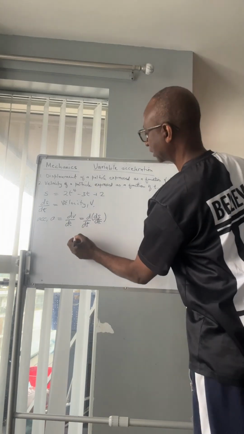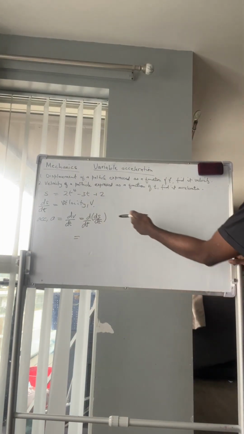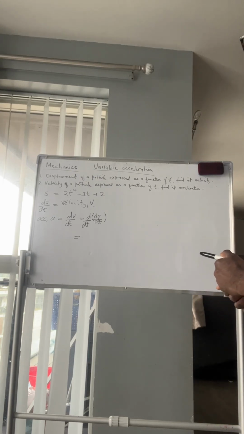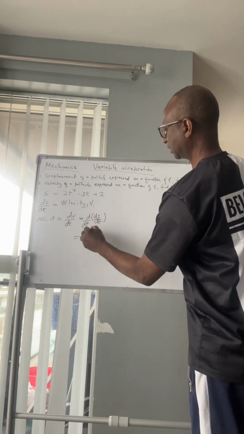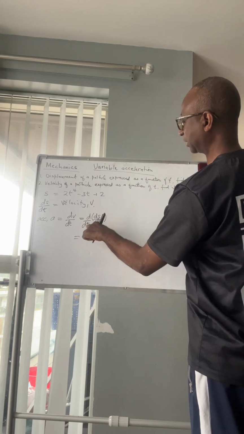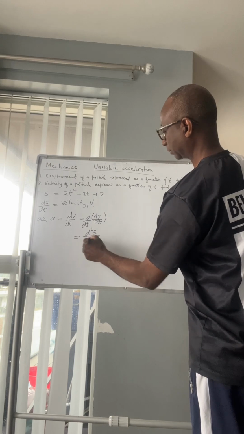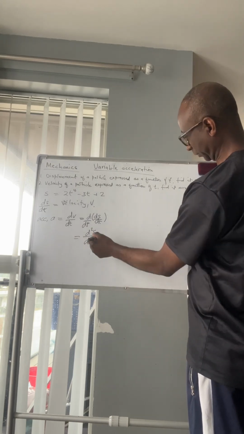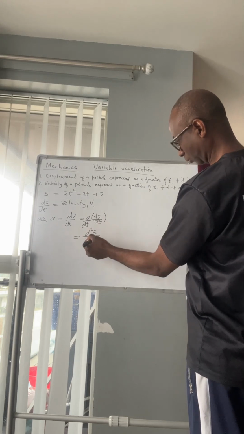So if we just distribute, you get d squared s over dt squared. Mind you, you are multiplying these two, it's like 2 times 2 is 4, so it's 2 squared.